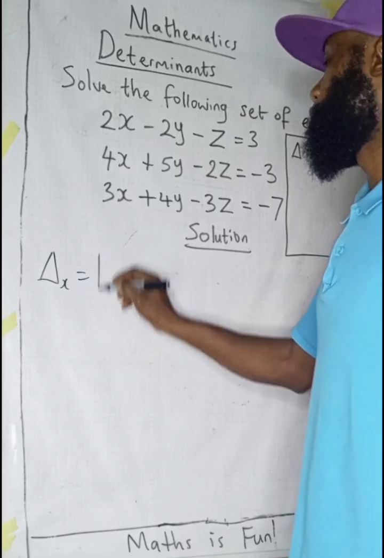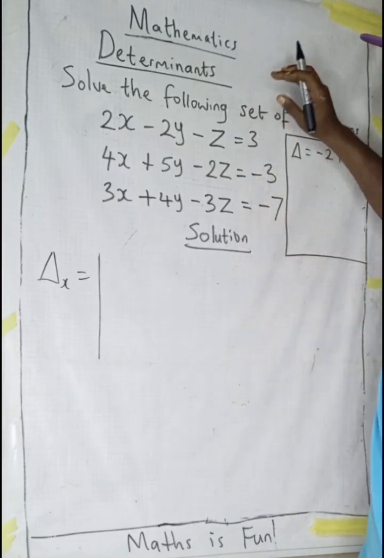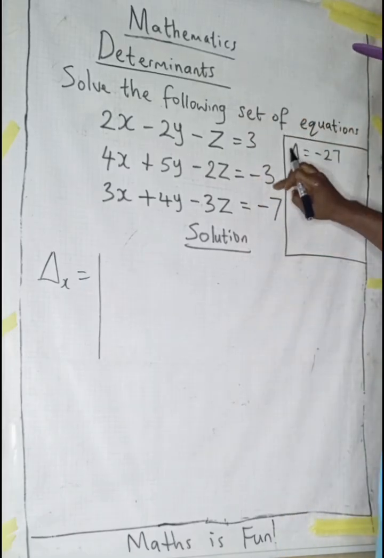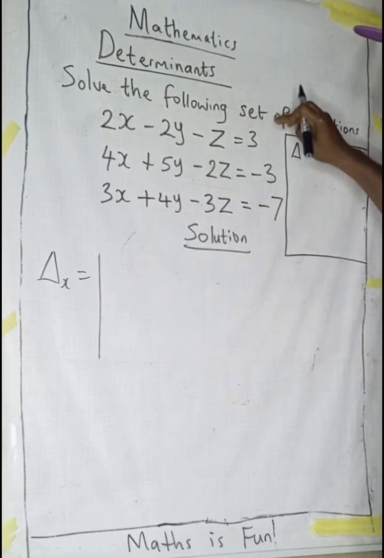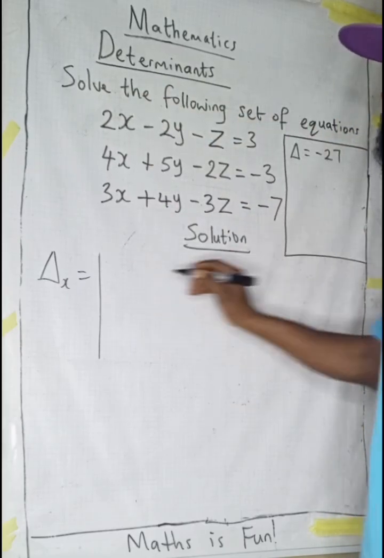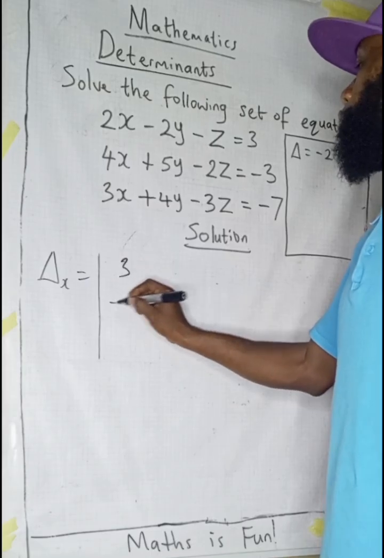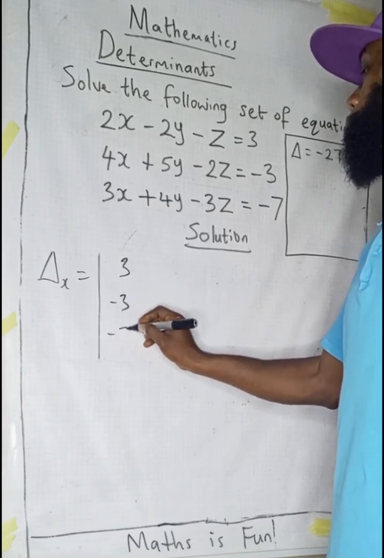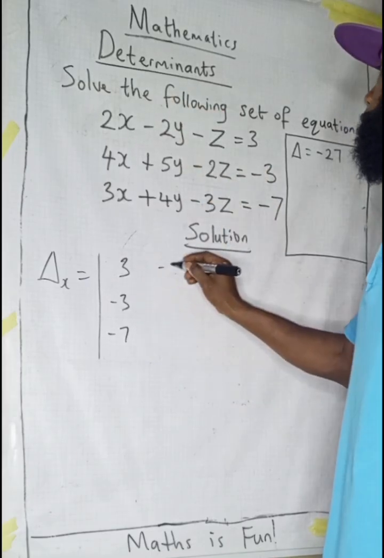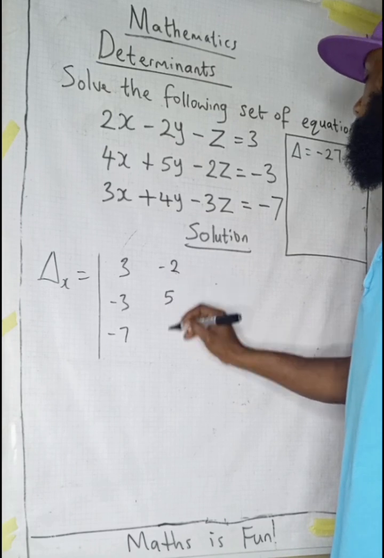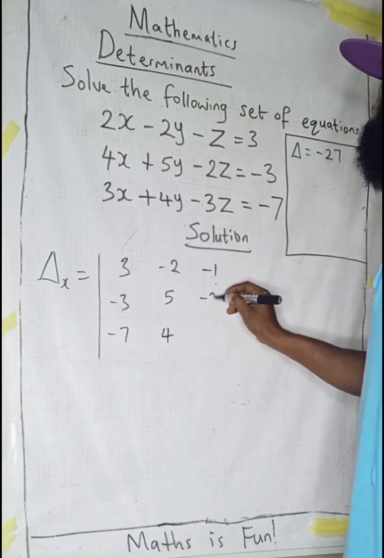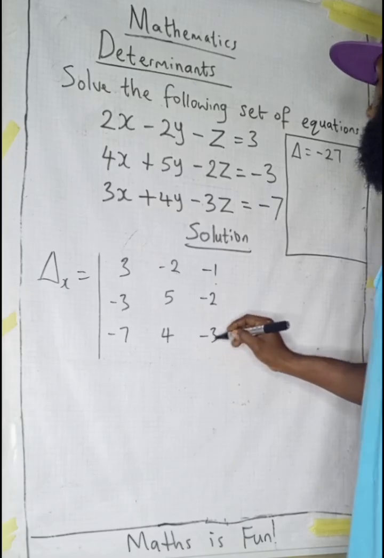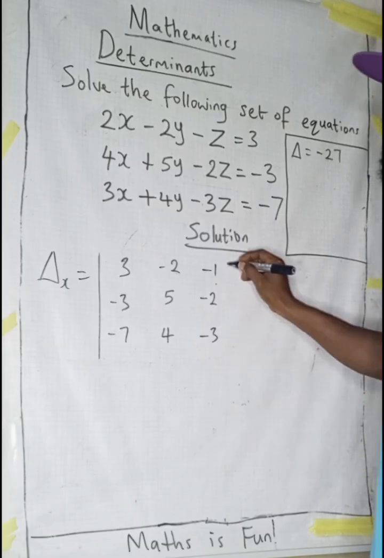That will be the determinant of. So we are going to use the numbers we have here to replace the coefficient of x. So we have 3, minus 3, minus 7, then continue, minus 2, 5, 4, minus 1, minus 2, minus 3. Right?